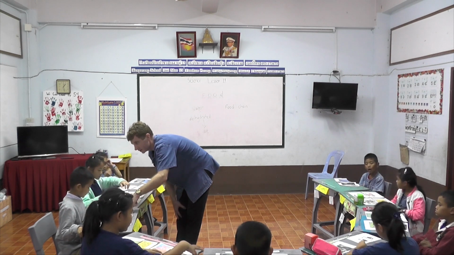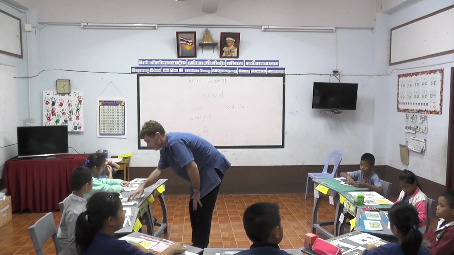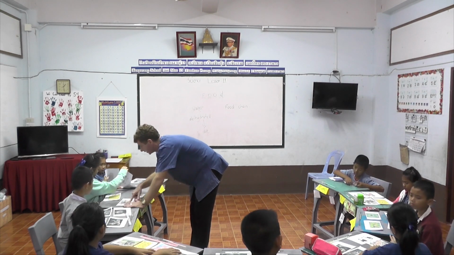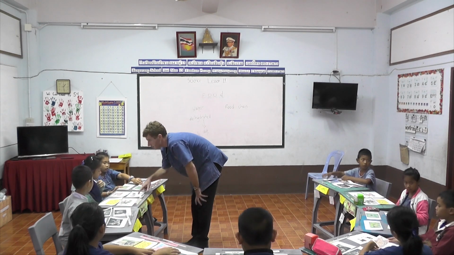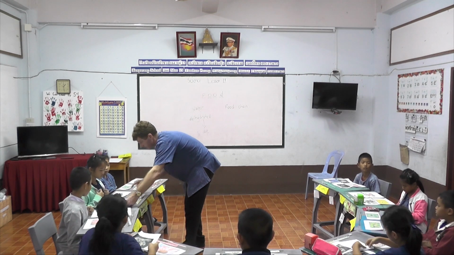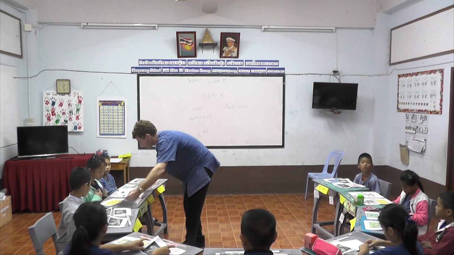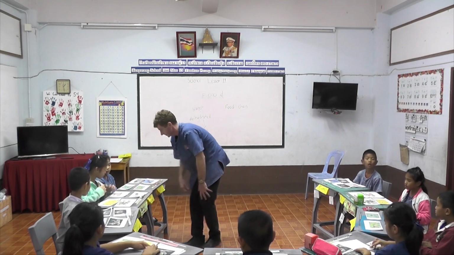Lion eats deer. Monkey eats banana. People eat chicken. We could have people eat banana, but then we couldn't have monkey eats chicken, so we have to do it this way. You're right.